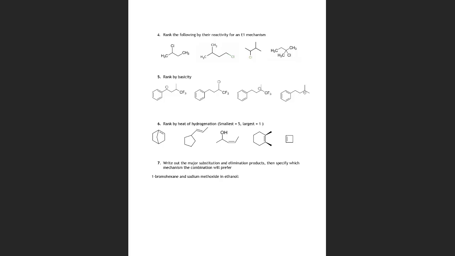So I'm just going to show you something. For ranking by SN1 or E1 reactivity, if you're looking at the electrophile, I like to scribble out the leaving group and put a carbocation at the base of where it was. And so you can see that we have a secondary, a primary, a secondary, and lastly, a tertiary.